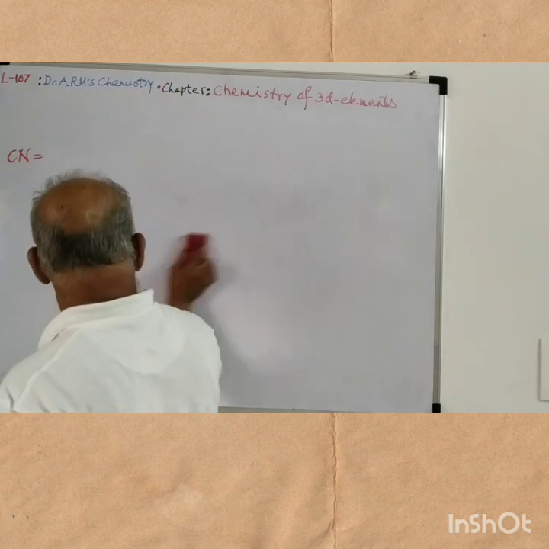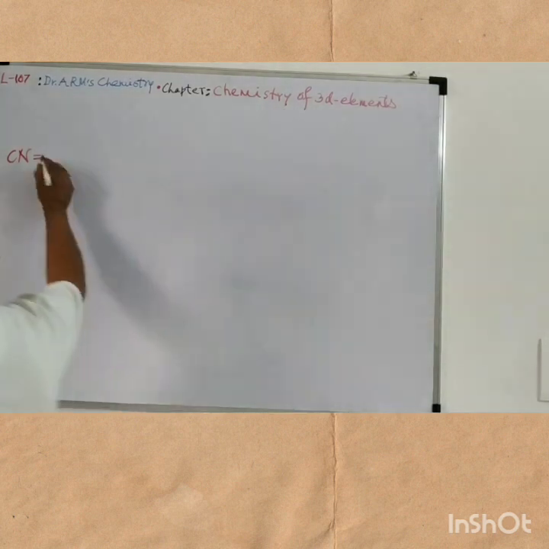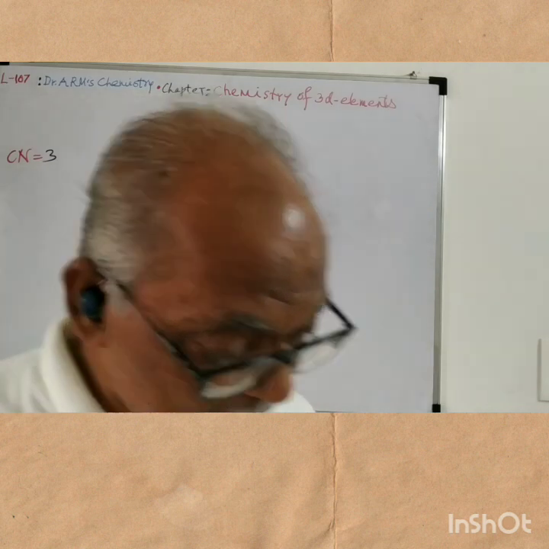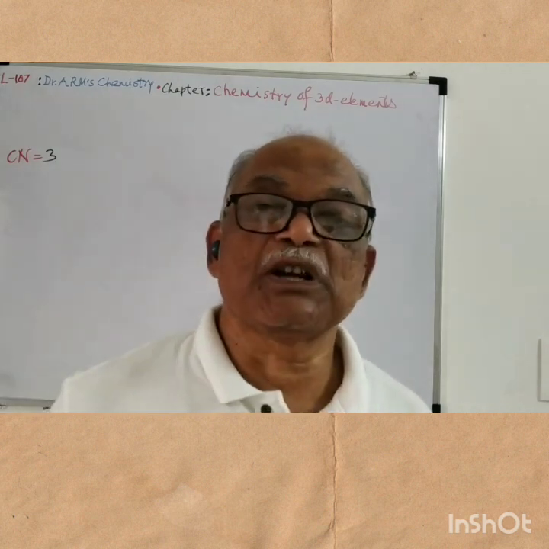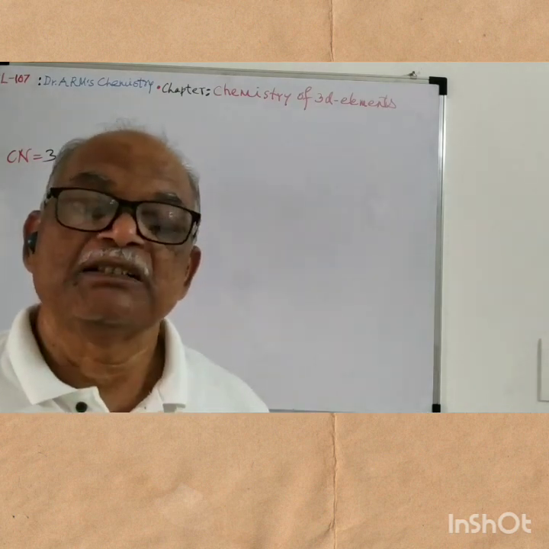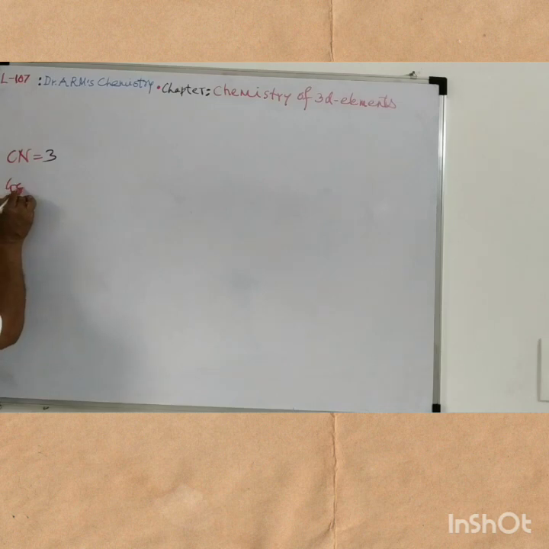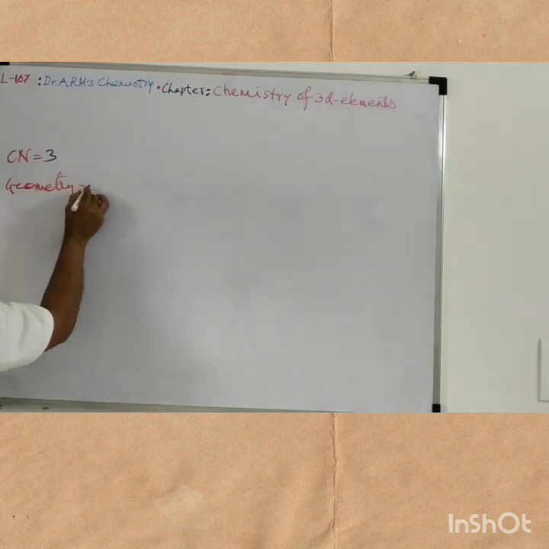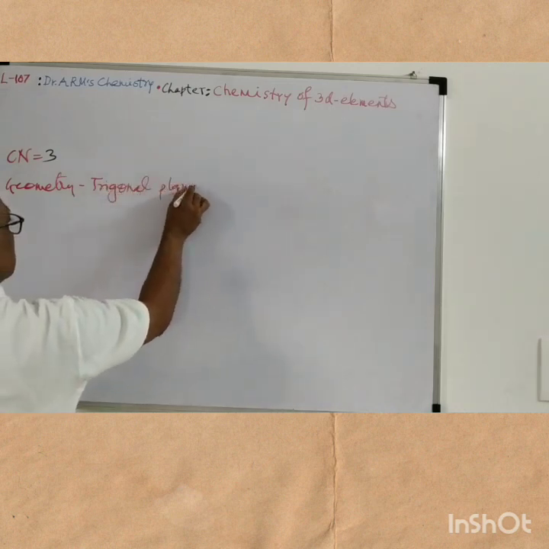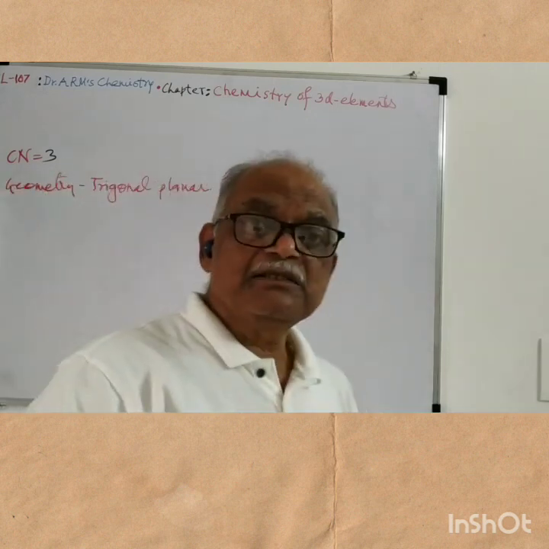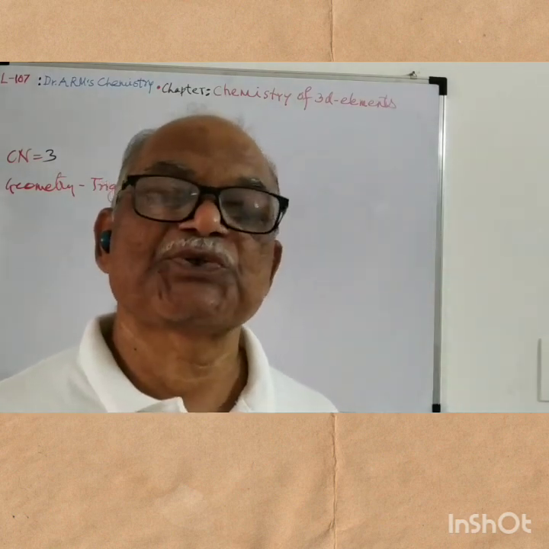Now the third coordination number is 3. This generally gives the complex a geometry which is expected to be trigonal planar, when the ligands are very simple, identical and smaller in size.